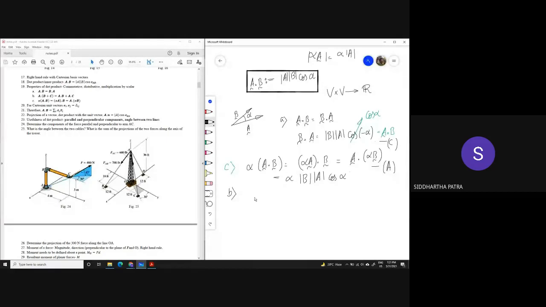Now, what about the distributive law? This is the definition of A dot (B plus C). This basically tells us that this is A dot B plus A dot C. Whenever I say dot product, in your mind you are probably thinking ax bx plus ay by plus az bz, but that very form is essentially a derivation coming out of this abstract representation.